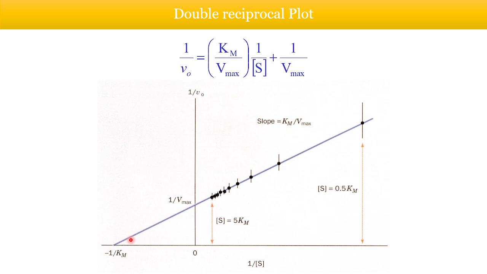So now when you do the double reciprocal plot of the Michaelis-Menten equation, you get 1 by V naught equals Km by Vmax into 1 by substrate concentration plus 1 by Vmax.